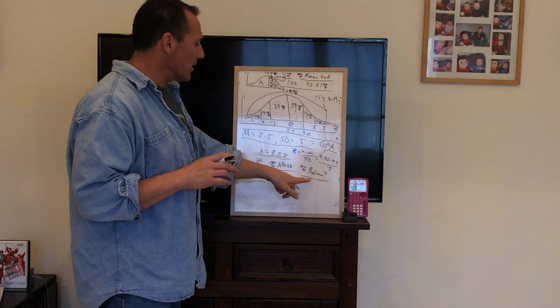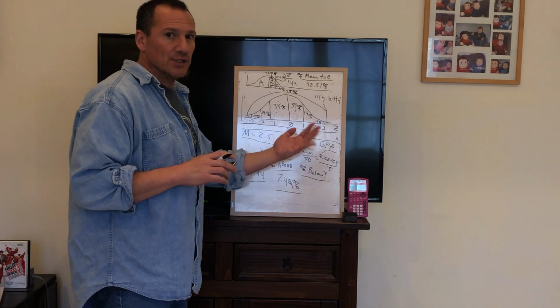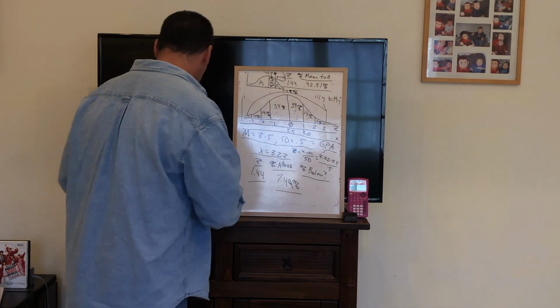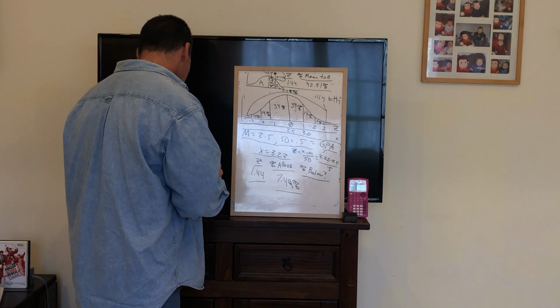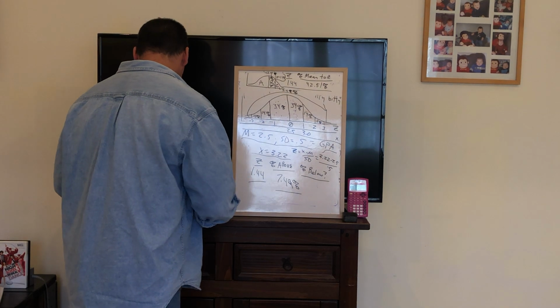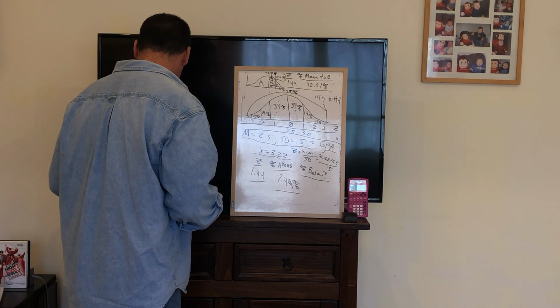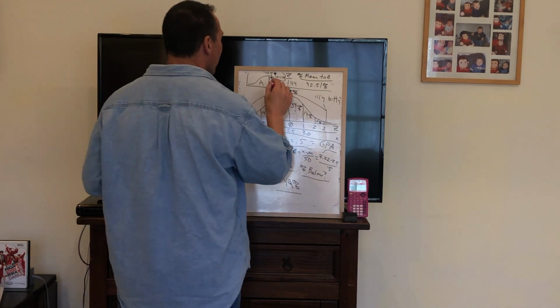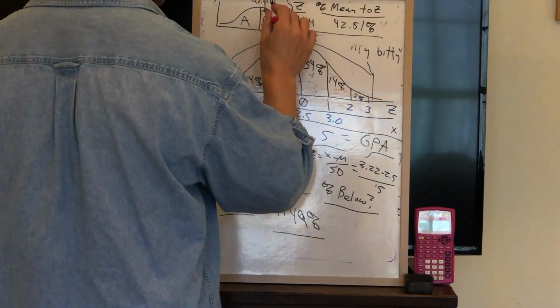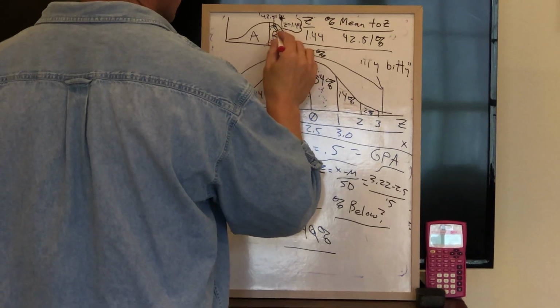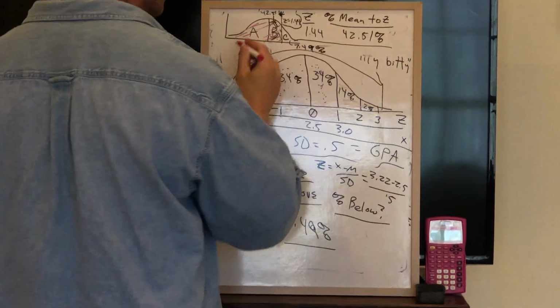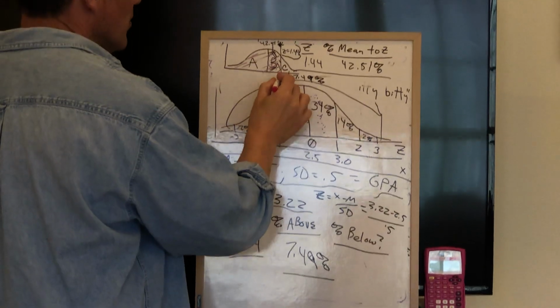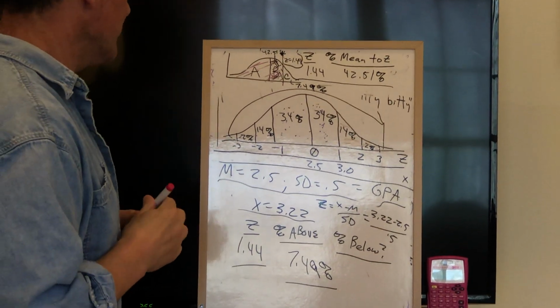So the next question is, what percentage of the distribution is below that particular score? Let's use a different color for that. Let's get silly and go with pink. So here's a particular score of interest. Everything here in pink is below that particular score of interest.